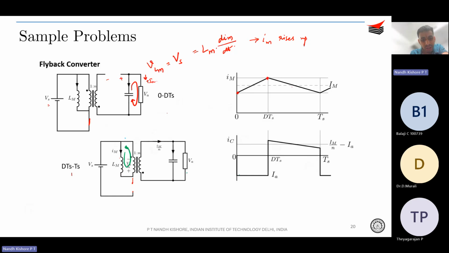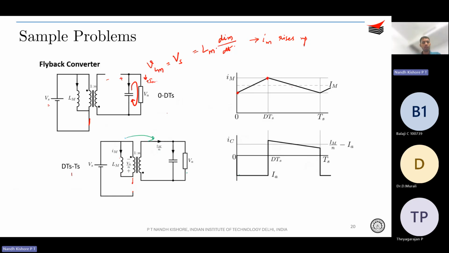Therefore, whatever is the current over here actually gets reflected to the secondary side. Therefore, I can tell that the diode current is going to be Im over N. That is the inductor current that is freewheeling, reflected to the secondary side. Therefore, this current is going to be Im over N.